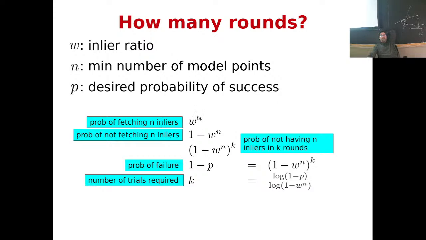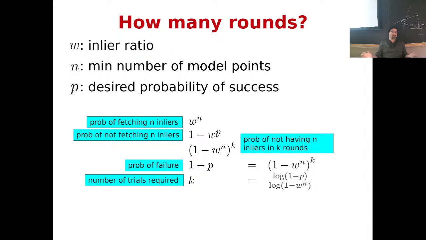Clear? And typically this is a number which is much below 1. But then there is the probability of not fetching all inliers, which is 1 minus the probability of fetching all inliers, W to the n. So this is the probability of failing in one run, okay?